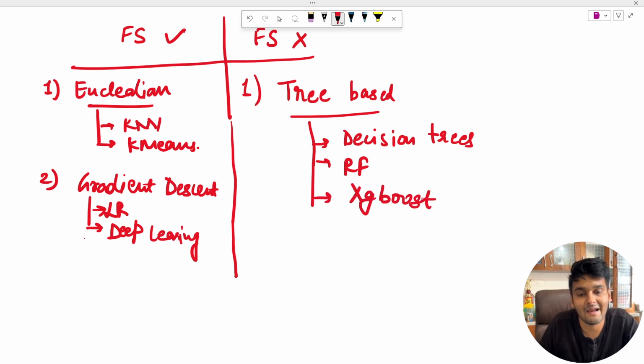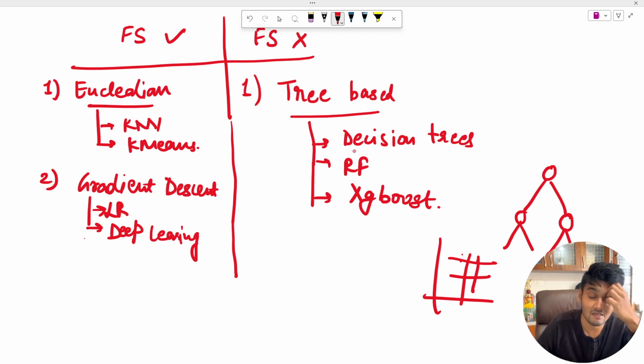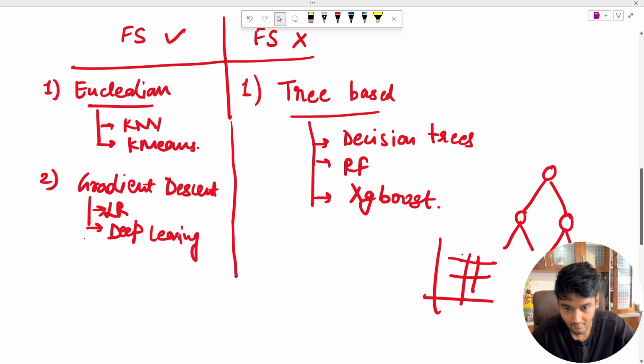So all the bagging and boosting techniques don't require feature scaling. The reason is they don't work on Euclidean distance. They basically just work on if-else statements, where we keep creating decision trees, and they are just cutting the dimensional space with different conditions. They don't require a distance, right? Hence, feature scaling is not important for them.